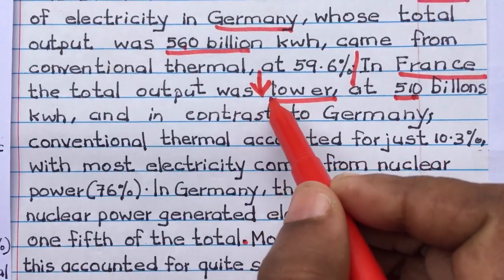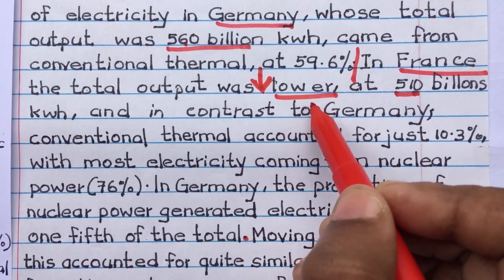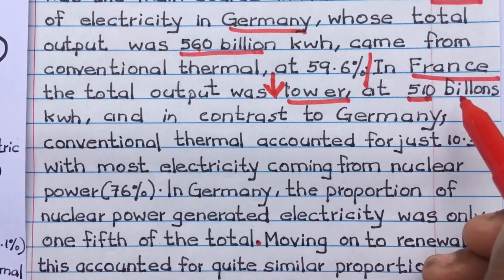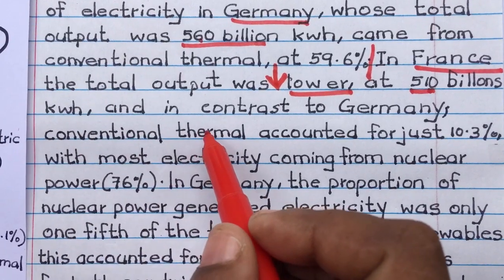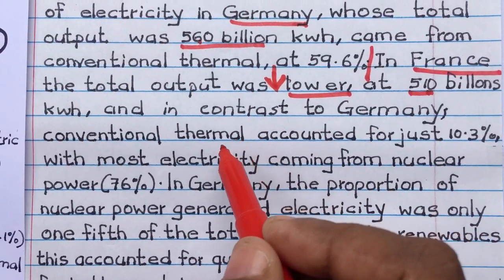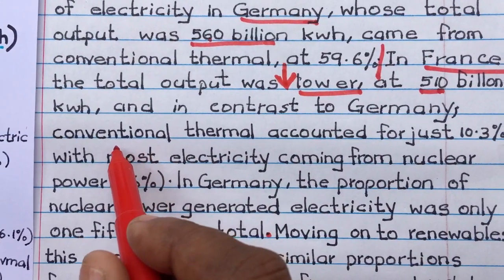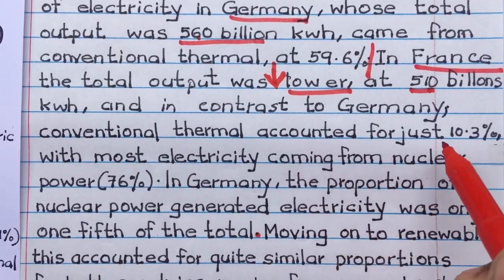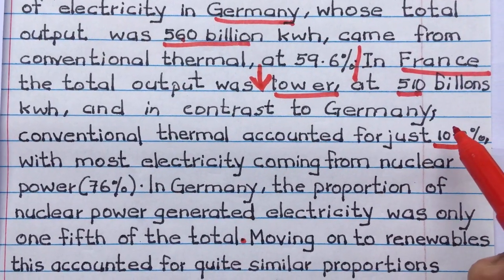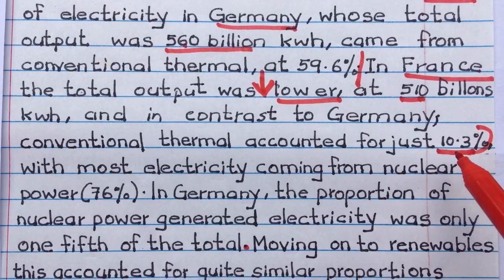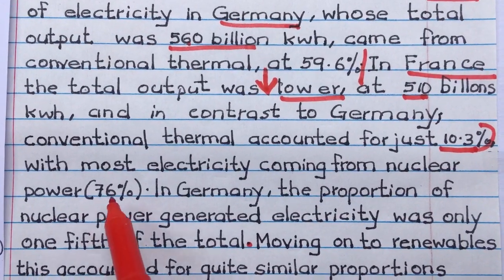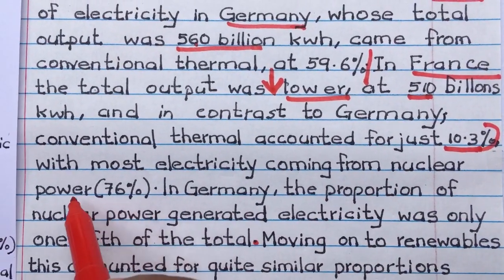So obviously there is a 50 difference there. That means it is lower. Okay, 510 billion kilowatt. And in contrast to Germany, conventional thermal accounted for just 10.3%. Okay, one thing I would like to mention, and with most of the electricity coming from nuclear power.